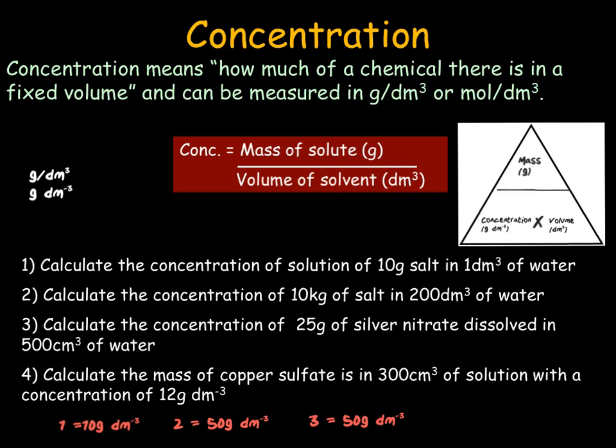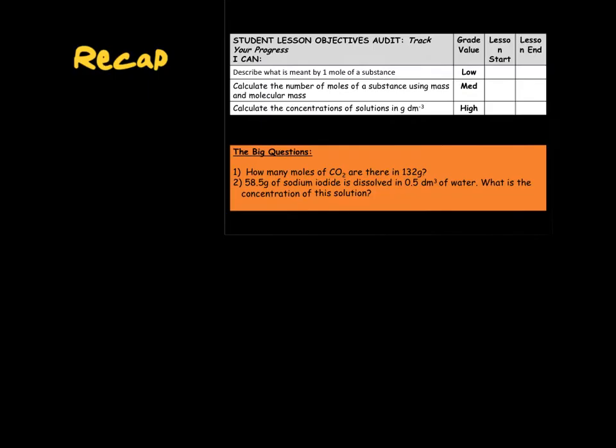So this time we're looking for the mass. So we're going to do concentration times volume. We've been given a concentration of 12 grams per dm cubed, but we have got a volume in centimetres cubed. 300 centimetres cubed is equal to 0.3 dm cubed, so we're going to do 12 times 0.3, giving us a mass of copper sulfate of 3.6 grams.